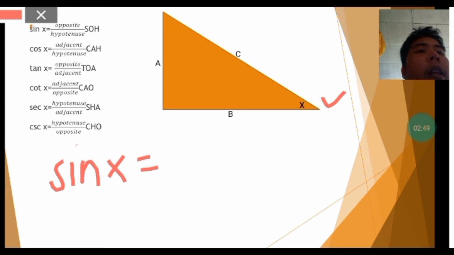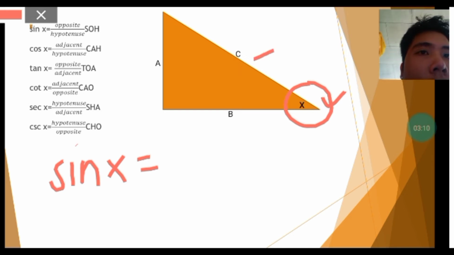So for sine x, you have the formula opposite over hypotenuse. And always remember, in a triangle the longest side is the hypotenuse. In this triangle, our hypotenuse is c, this side. What is the opposite of x?